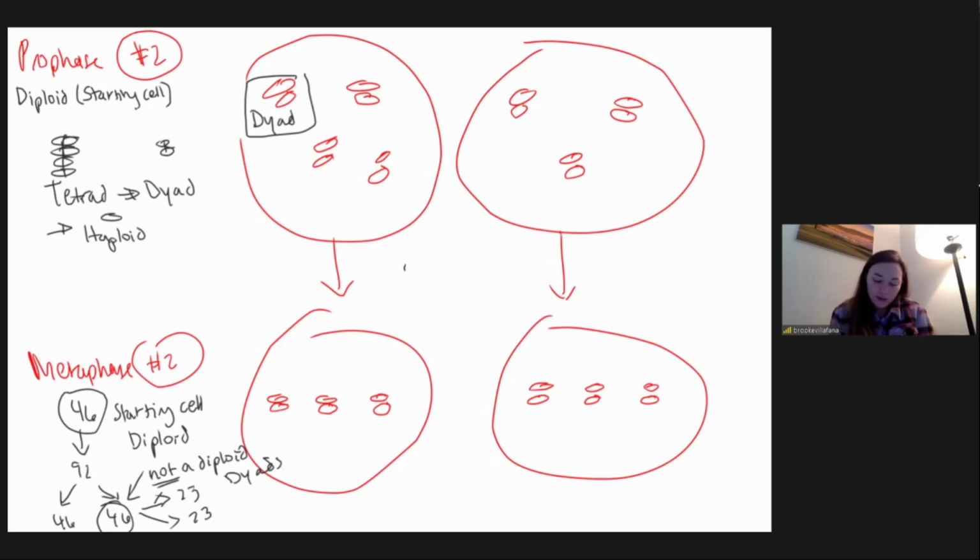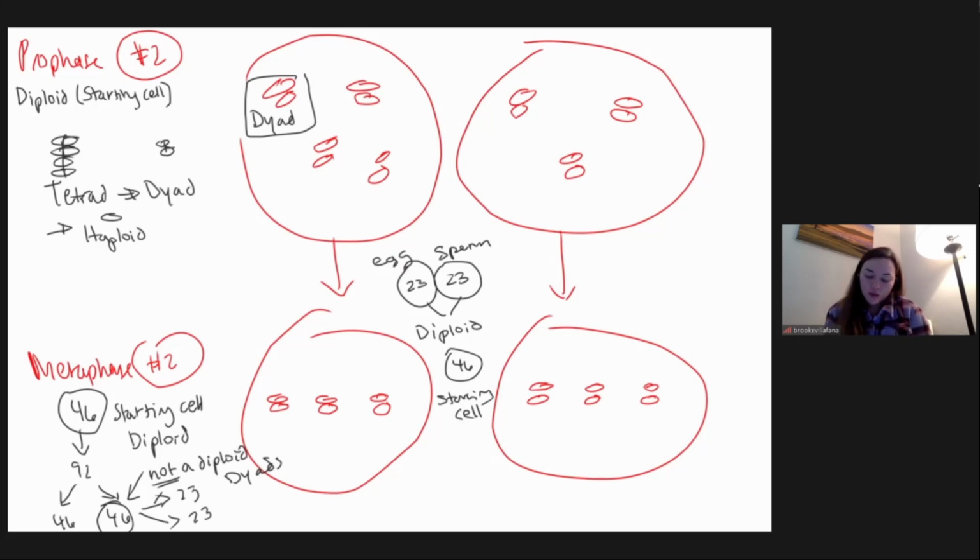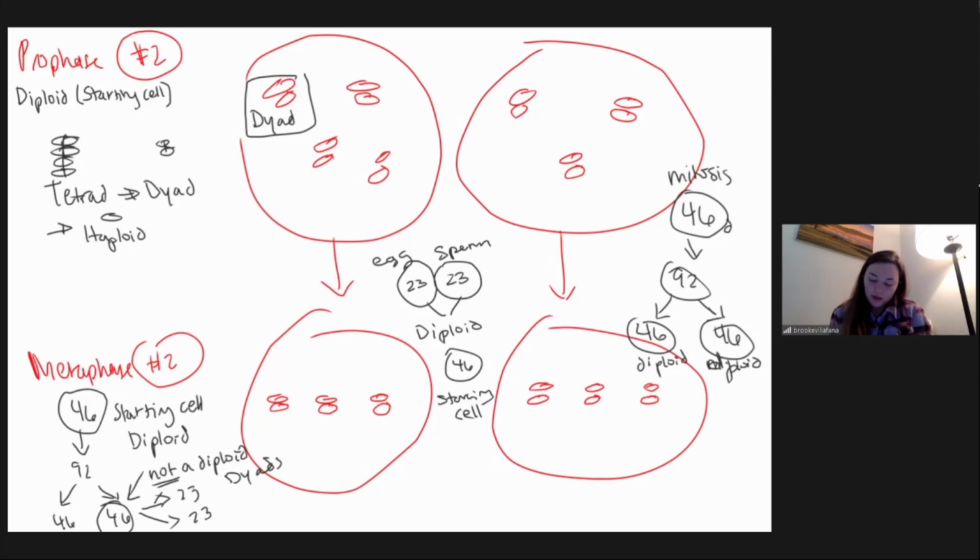Yes, the zygote would be a diploid. When we get the 23 from the sperm and then 23 from the egg, this would form a diploid cell. Basically, as long as it's the starting cell, it can start mitosis. If you're looking at mitosis, mitosis forms a diploid. So the end result of mitosis is a diploid, and it starts as a diploid. But when it comes to meiosis, the only diploid is the very starting cell.